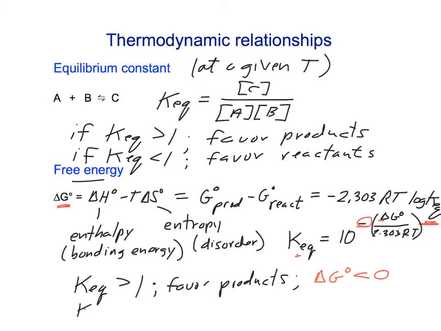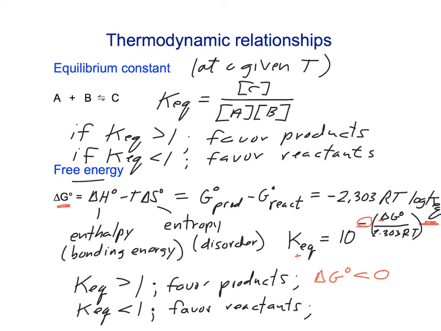Alternatively, if the equilibrium constant K is less than 1, like we wrote above, this is going to favor the reactants. And in order to have it less than 1, we need a negative exponent on 10.